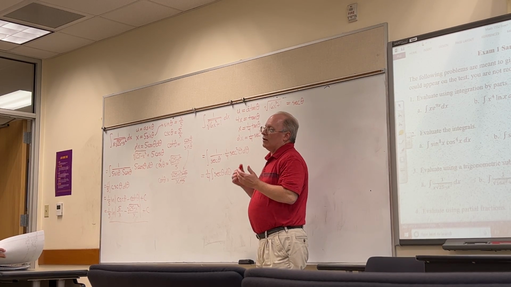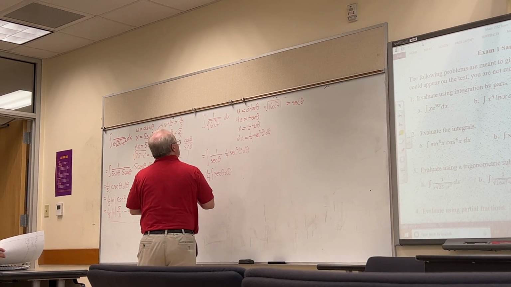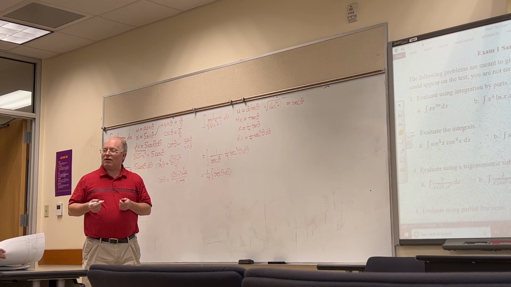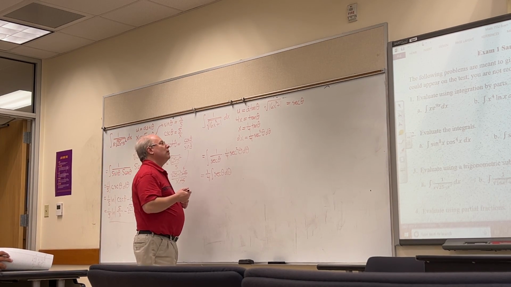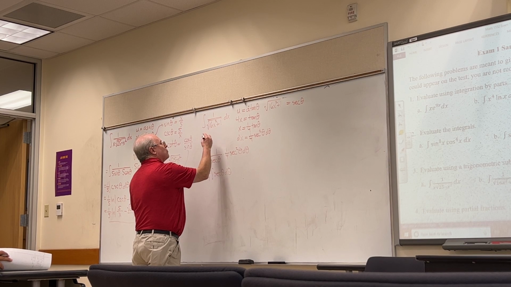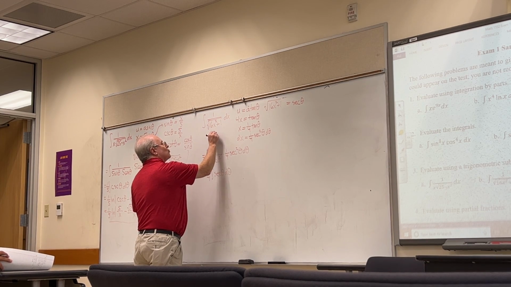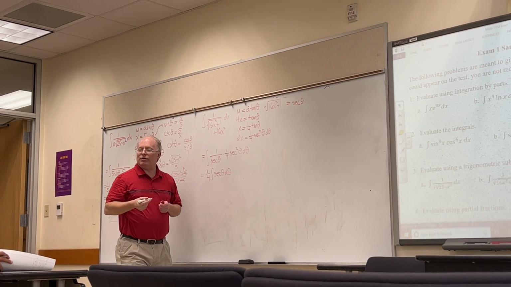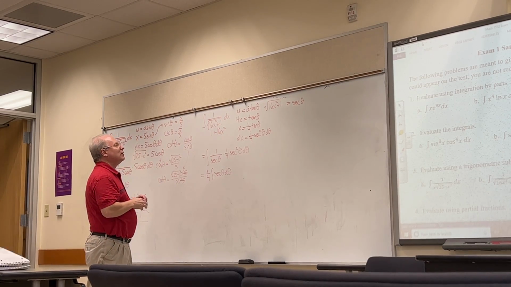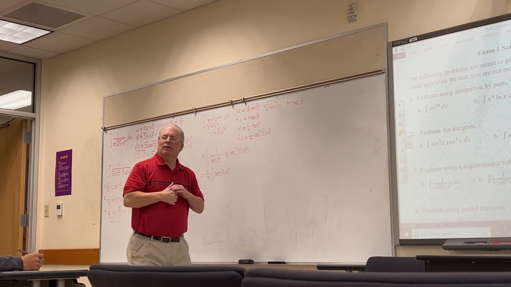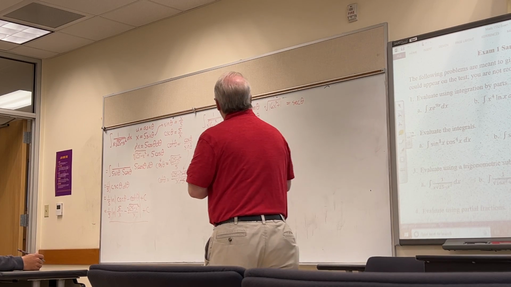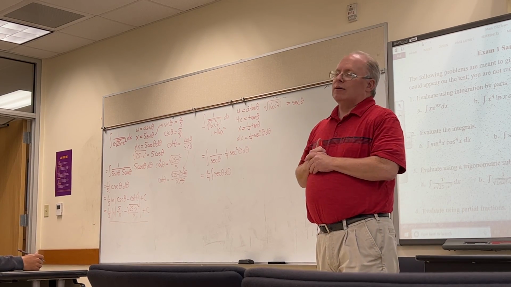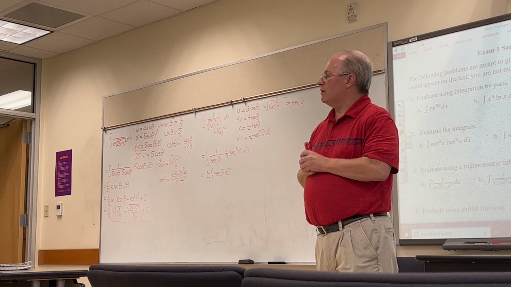U squared is the variable term and a squared is the constant term. Right, 16x squared plus 1 could be rewritten as 1 plus 16x squared if you want to get it in the form a squared plus u squared. All right, any other questions on that?